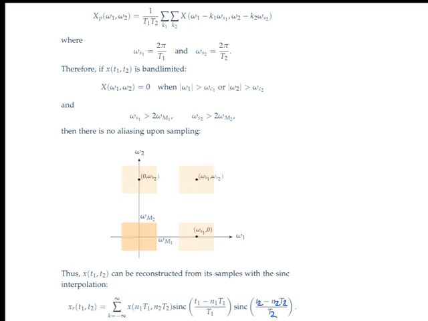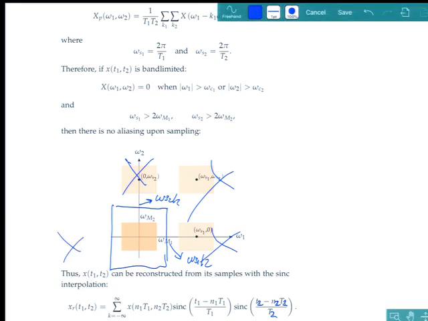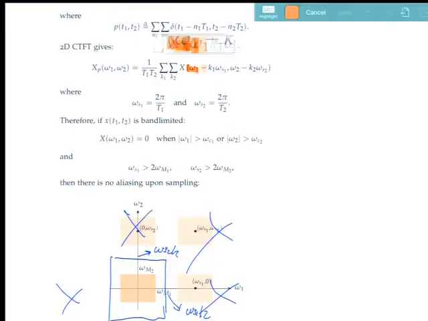And when I low-pass filter it, with an ideal low-pass filter whose cutoff is half of omega S1 and half of omega S2, I'm going to extract this more darkly shaded component, right? So the low-pass filter will do this. It will have cutoff omega S1 by 2 and cutoff omega S2 by 2 here. And everything else will be eliminated, right? So it will keep this, and under our conditions, that's the same as XR.